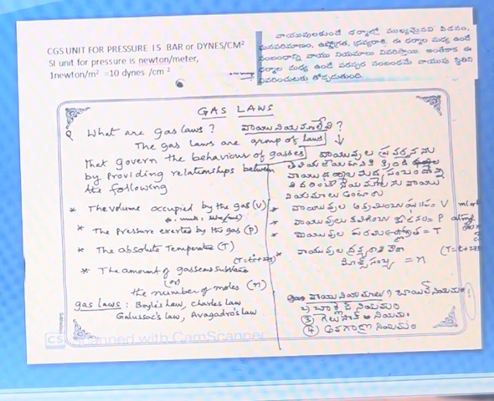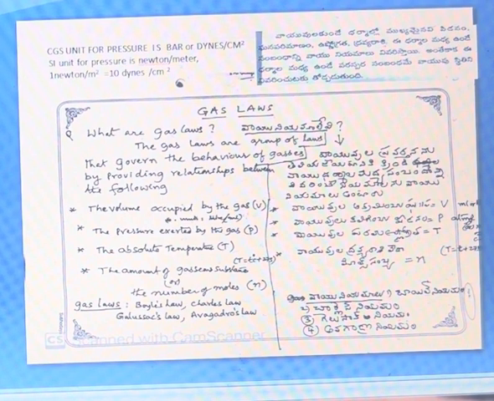The mass of the gas is expressed in number of moles. What is a mole? Mole is nothing but the weight divided by gram molecular weight. For example, if 8 grams of oxygen is taken, 8 by 32, since molecular weight is 32 for oxygen molecules. So, 8 by 32, 1 by 4 is the number of moles.